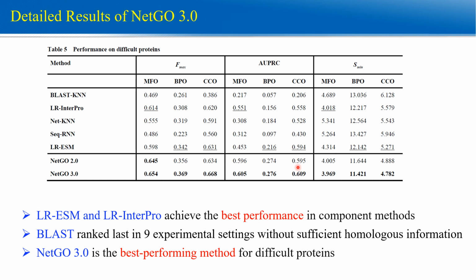So BLAST-KN fails to perform well for these proteins. LRESM based on ESM1B achieved better performance in component methods, although BLAST-KN performs worse. NetGO 3 gets the highest score in the result, so ESM1B embedding for proteins is a powerful tool for function annotation.